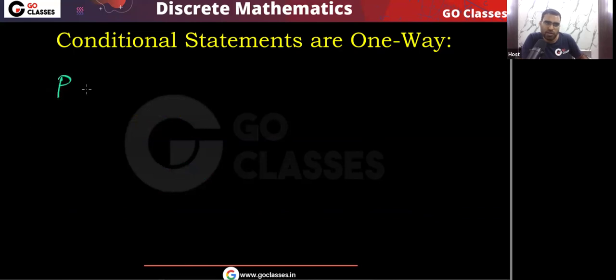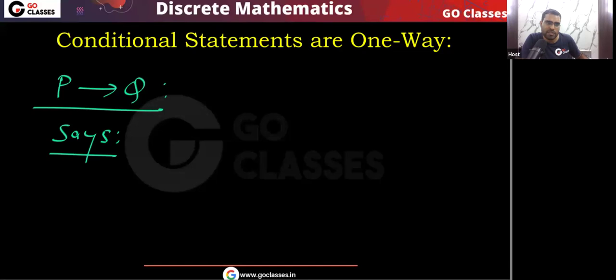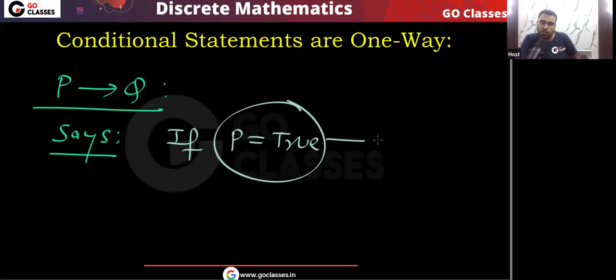So if I give you a conditional statement P implies Q, this simply means that if P is true, then Q must be true.